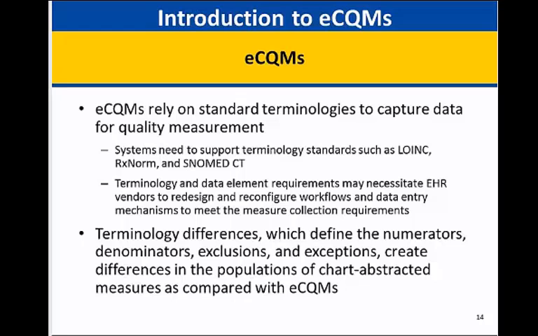But when the Health Information Technology Standards Committee made recommendations for which standard terminology should be used for the different data elements, they went with terminology such as SNOMED CT, which is a reference terminology that covers a lot of different concepts. RxNorm is out of the National Library of Medicine, and it's all the drugs. And then LOINC, which is laboratory tests and other kinds of observations.